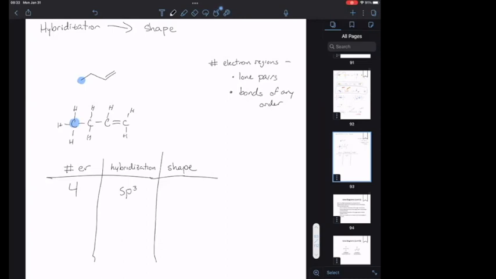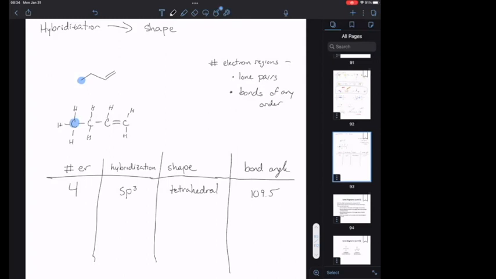Essentially, they mix together to form these hybridized orbitals. Doesn't really matter. We don't need to know electron configurations. We do need to know how hybridization corresponds to the shape. And so the shape of these sp3 hybridized carbons are tetrahedral, meaning they have a bond angle of 109.5. Okay, these are these tetrahedral shaped molecules.